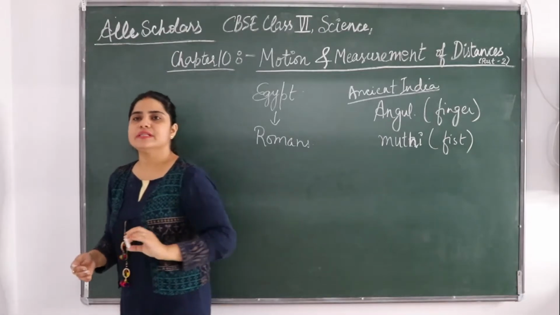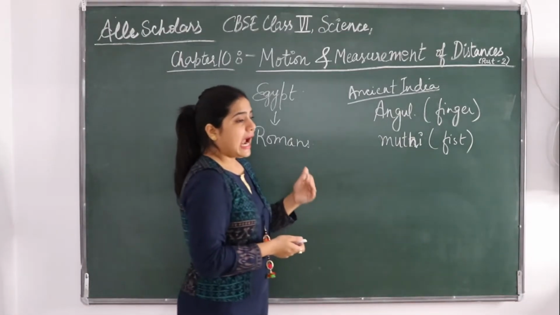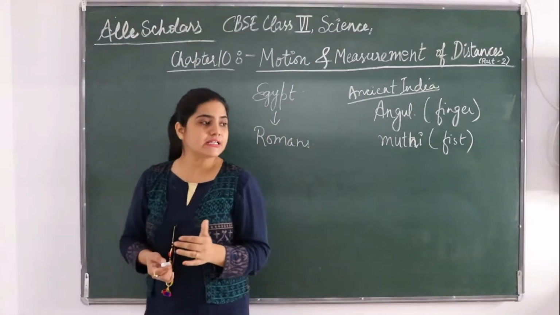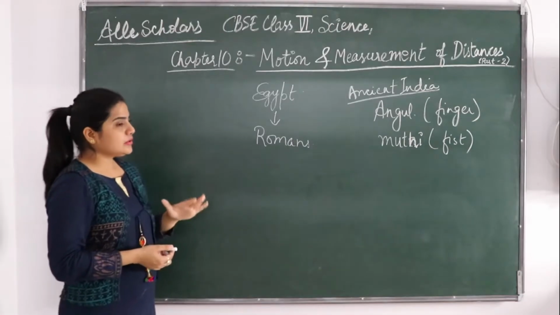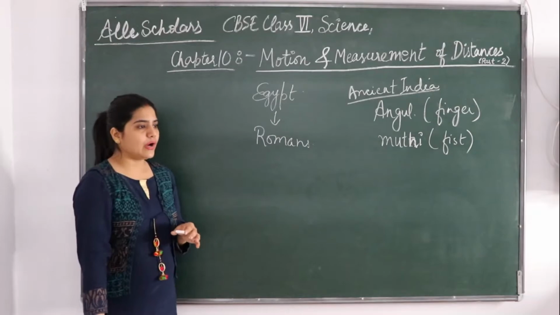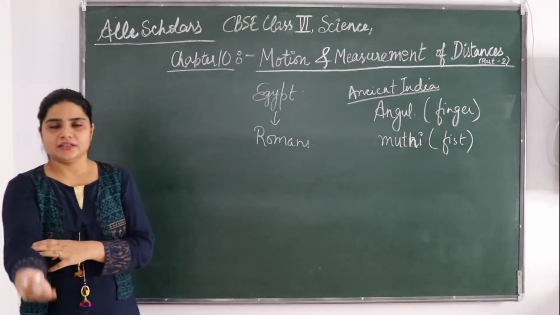Even today if you see, some people are there, like your grandmothers. And even flower sellers, when they sell the flowers, they use their forearm as a unit of length. They will show you like this, itna bada, this much big.